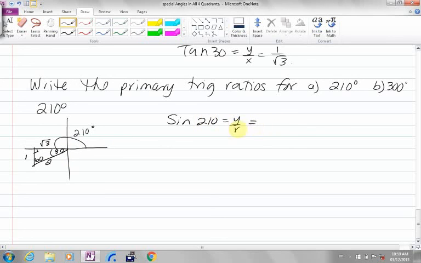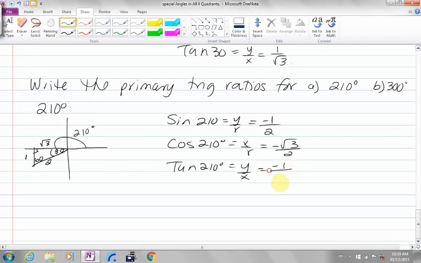Y is negative, so it's negative 1 over 2. Cosine of 210 degrees is also negative in quadrant 3, so it's negative root 3 over 2. Tangent of 210 degrees, which is y over x, is negative 1 over negative root 3, so it's positive 1 over root 3, because tangent's positive in quadrant 3.